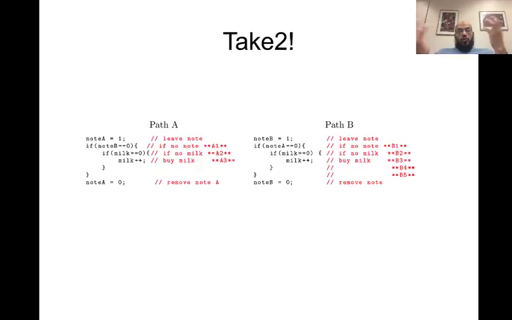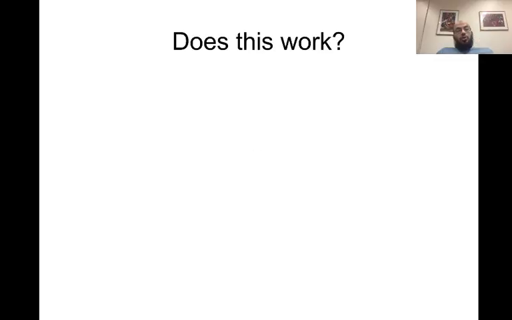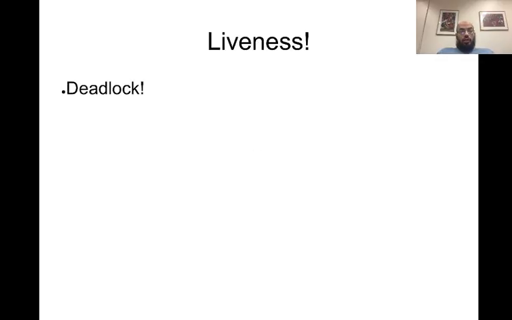So now both of us are deadlocked. Either both threads will be hung forever, or none of them will buy the milk. So either we didn't do what we are supposed to do, or we just got stuck forever. This is what is called a deadlock.